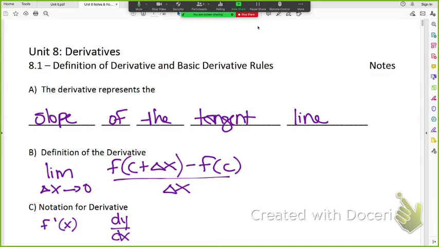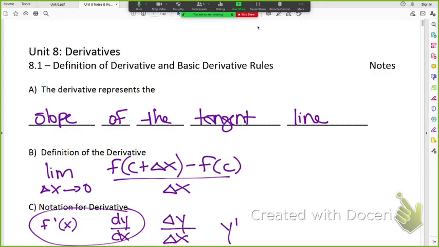A less common derivative notation is delta y over delta x. These two are going to be more common. Or you could see y prime as well, similar to f prime of x. These are just different ways that you are going to see derivative notated.